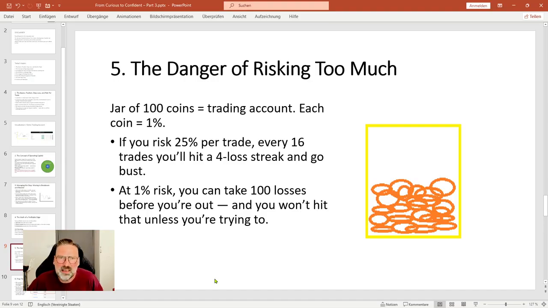That's statistically inevitable. So that's why conservative risk managers will tell you, at 1% risk you can take 100 losses before you're out, and you won't hit that unless you're trying to. So stay out of trouble. 1% per trade. Okay.